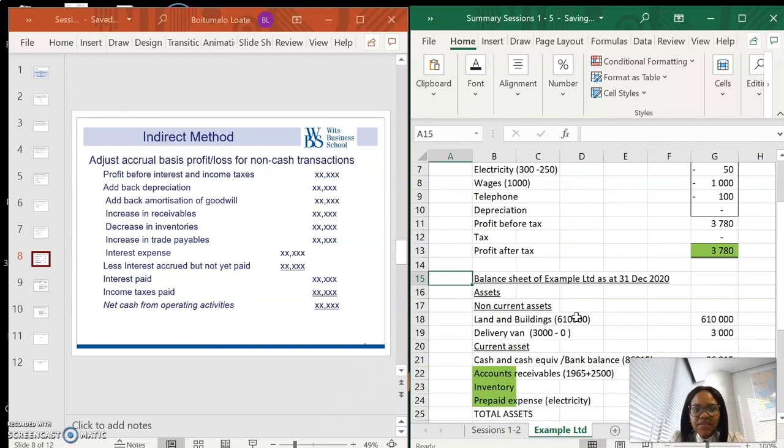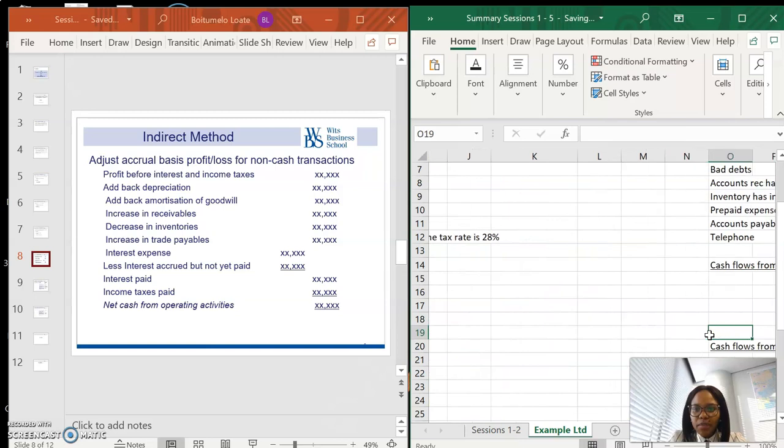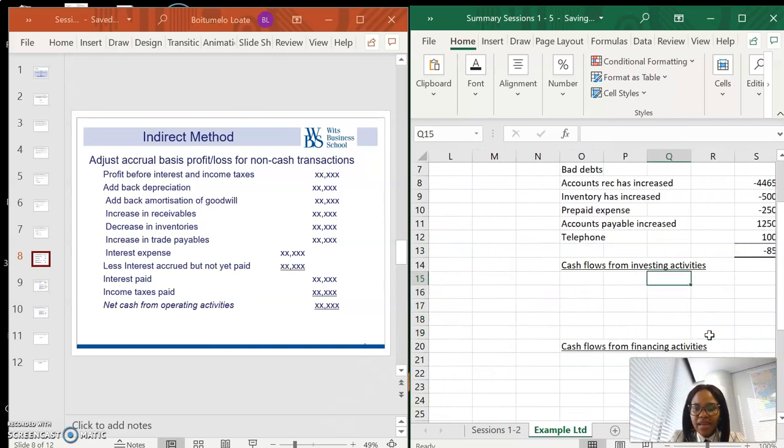So for your investing activities, these are reflected here as the land and buildings and delivery van. During that year, we had land and buildings increase from 0 last year to 610,000 this year, and our delivery van as well had increased from 0 to 3,000, which means if they increased by that amount, we must have purchased land and buildings.